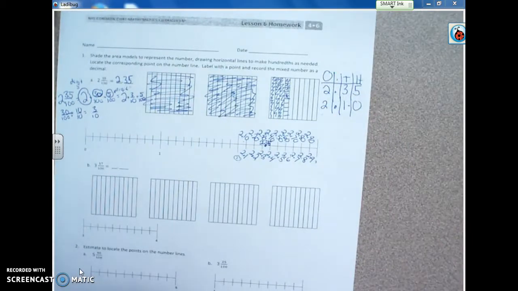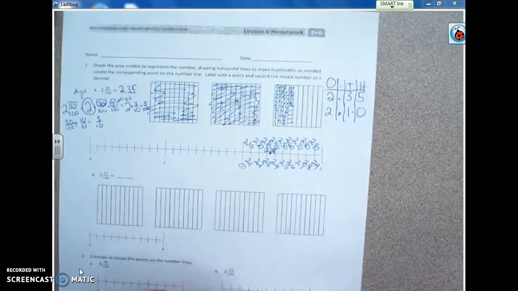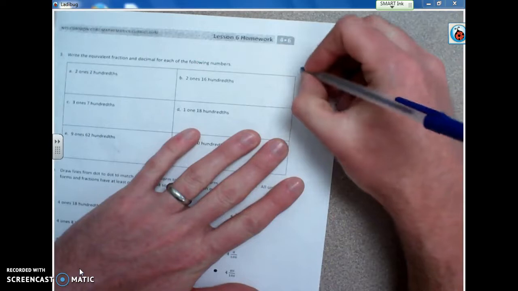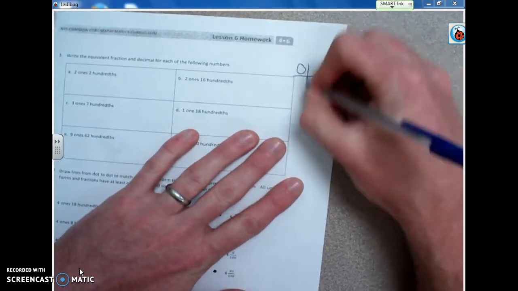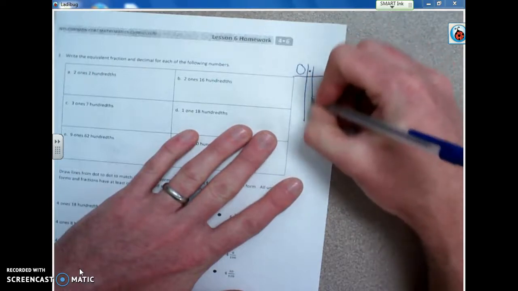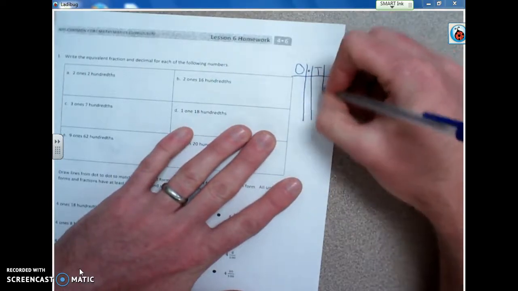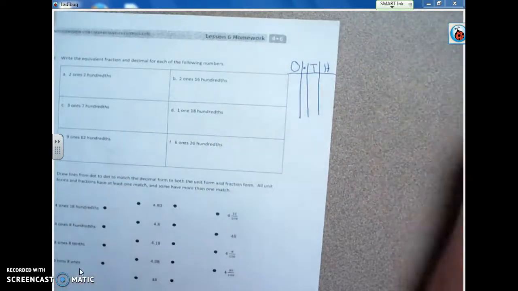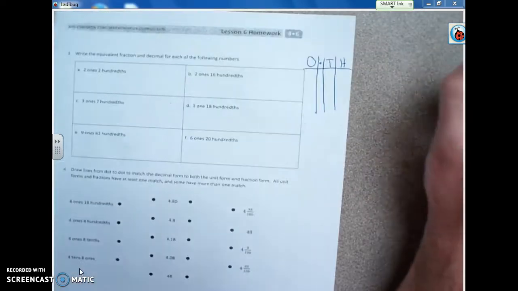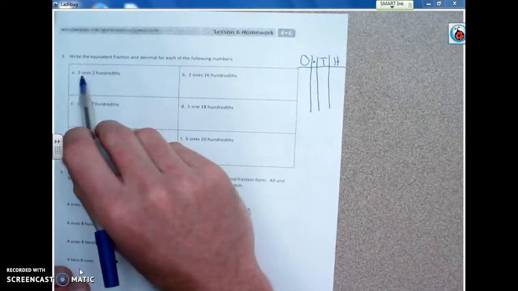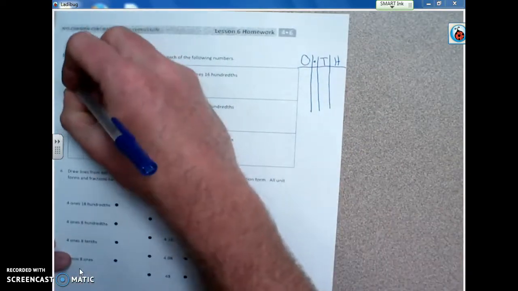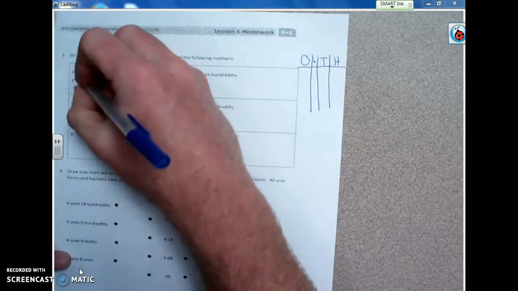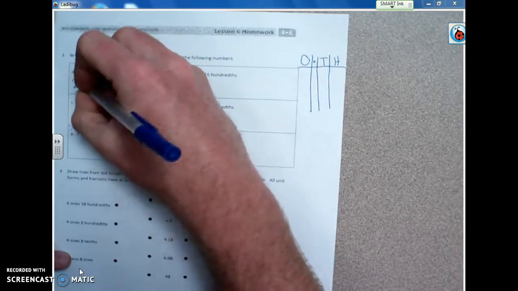All right, so we're going to look at number 3 on the back now, and then we're going to go back and finish the sheet. To do this, I want to start with my place value chart. Ones, tenths, hundredths. So if I look at this first one, I have 2 ones and 2 hundredths. If I write it as a fraction, that's 2 ones and 2 hundredths.